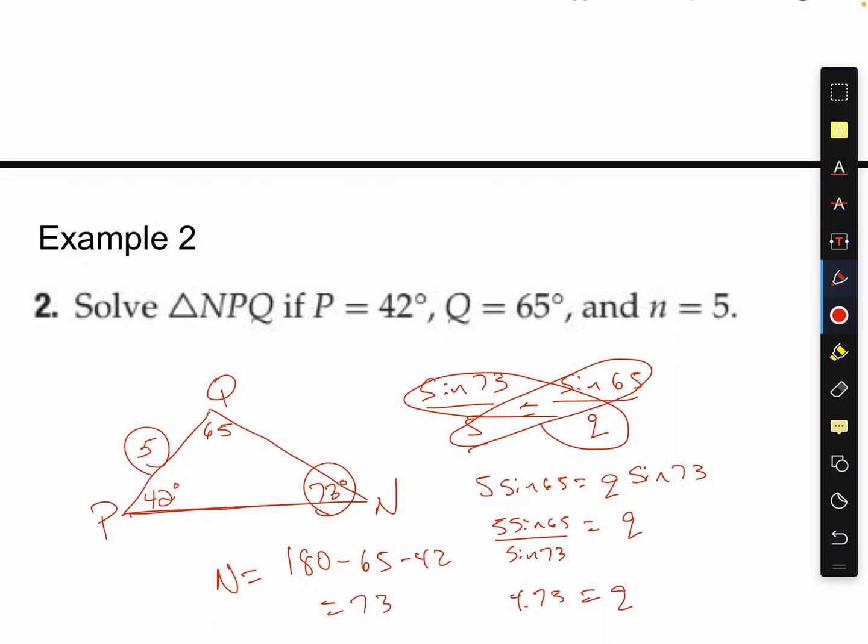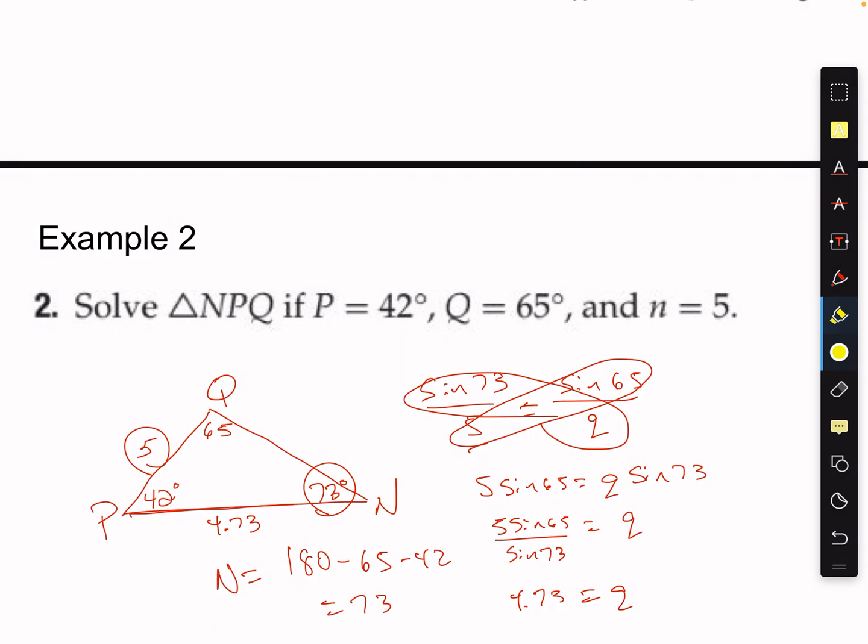All right, so notice here, you can kind of check yourself, and I apologize for the construction noises. You know that across from the 73 degree angle you have 5. This angle's smaller, therefore this should be a little bit less than 5, which it is. So I'm doing a mental check to see if I did my math right.